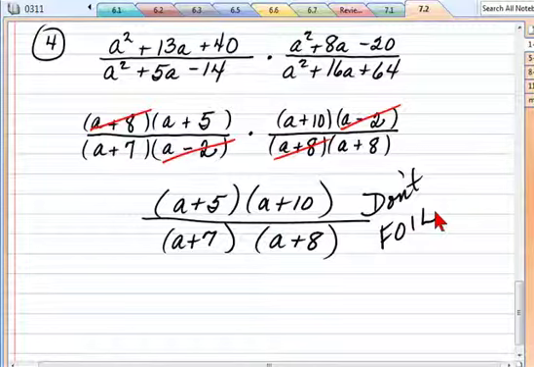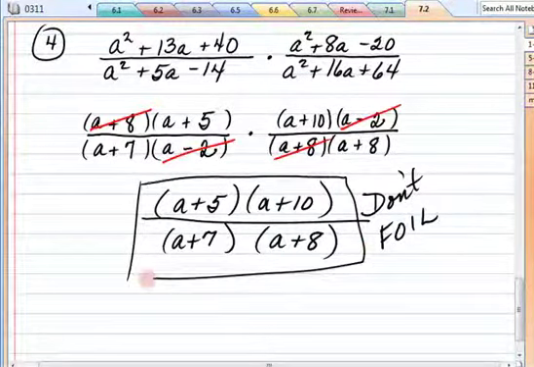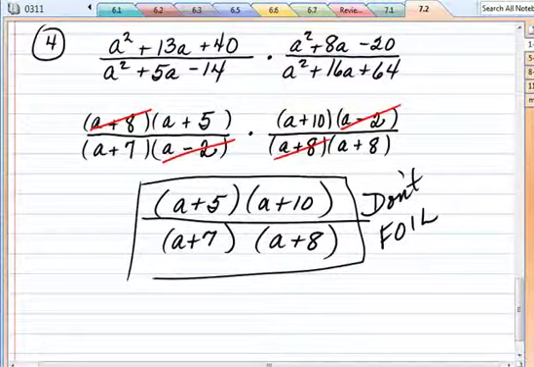You're just going to leave it. All right, so when you get an answer like this, don't multiply it out. Just leave it. But I will tell you there's one inconsistency, and I'll tell you which problem it is where they do multiply something out. But I'll tell you about it so you'll know.